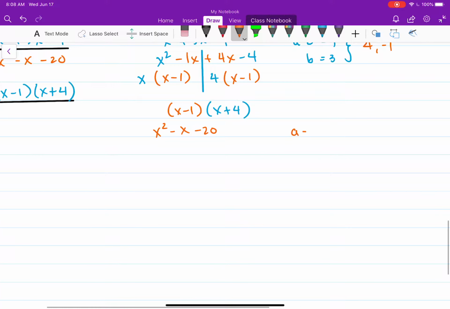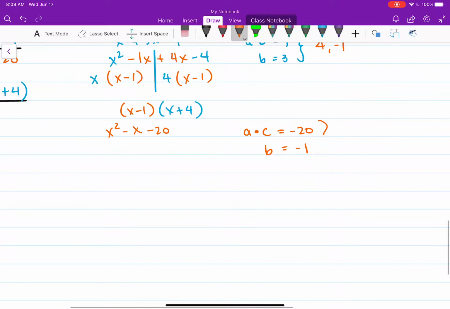My a times c is equal to negative 20, while my b is equal to negative 1. So I need to find those two numbers, and those two numbers are going to be negative 5 and 4. Because if I multiply those two, negative 5 times 4 is giving me negative 20. Negative 5 plus 4 gives me negative 1.